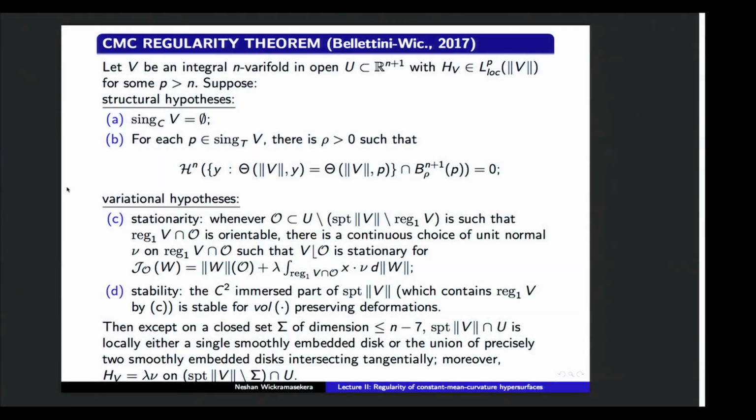So the conclusion is exactly the same as in the minimal case. Well, not quite, but the genuine singular set is of codimension 7. And away from that set, which is a closed set, the local picture is that the support is either an embedded disk, or two embedded disks touching. They are both C2 and hence analytic in Euclidean space. All the higher regularity conclusions follow.